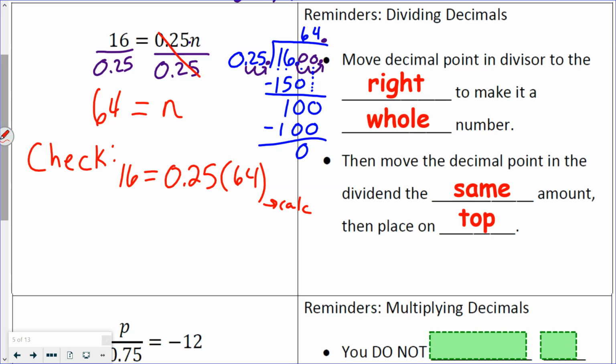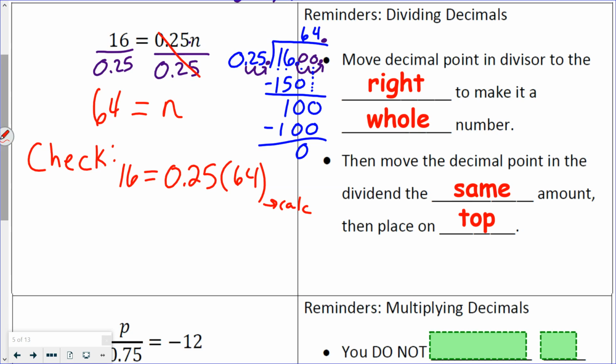But as long as you're showing your steps and showing that you're replacing the variable with your solution, then you're doing exactly as you should. Now, does that mean every time we have some type of state test, there's a calculator available? No. So it is important to know how to multiply your decimals, but also make sure you're checking your work.